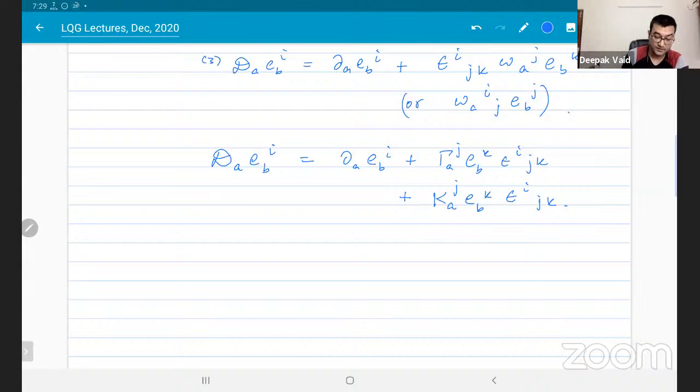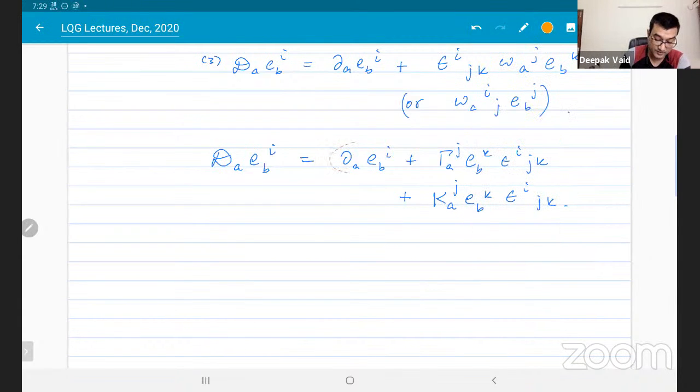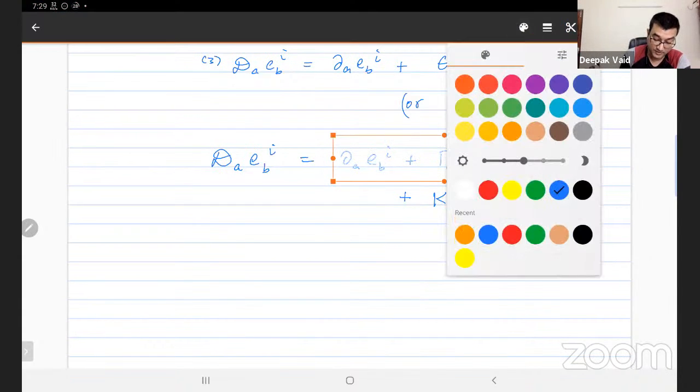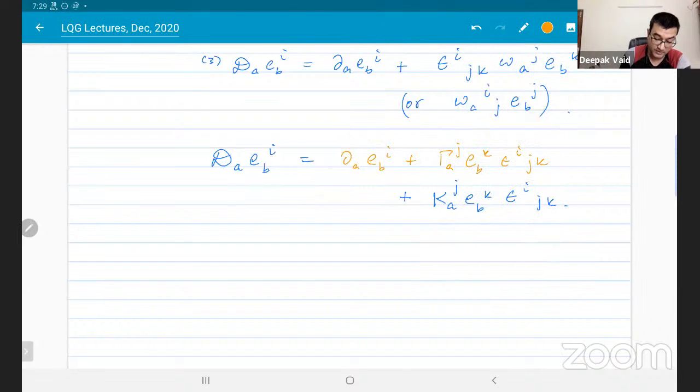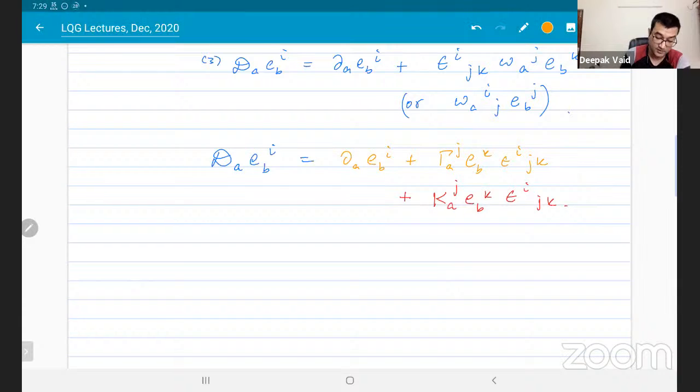Now, this is the nice thing. You have two parts. One is this part and the other is this part. This part can be written as the covariant derivative with respect to the spin connection of the triad.